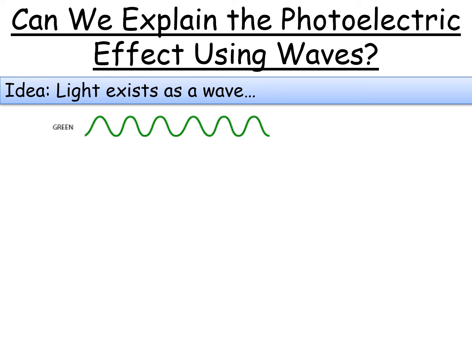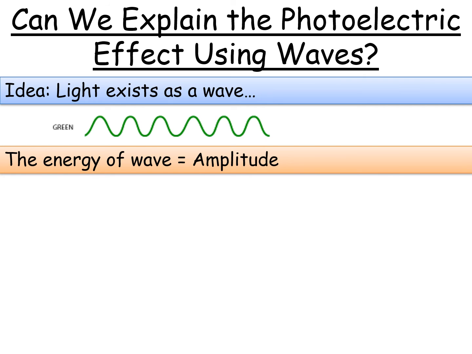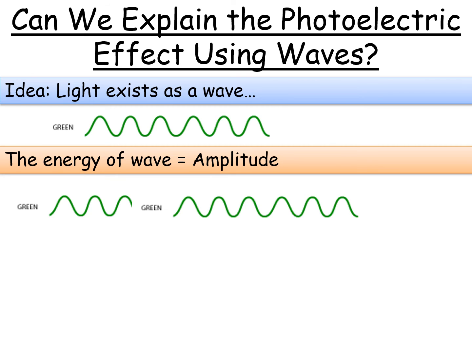So first of all, can we explain the photoelectric effect using waves? Because if we can, then that means light must exist as a wave. So first of all, we have light exists as a wave. That's our principal idea. Now, the energy of the wave is given by the amplitude of the wave, isn't it? And we know that if we have several waves together, if they are in phase and coherent, what can happen? Okay, a wee bit of revision there for you.